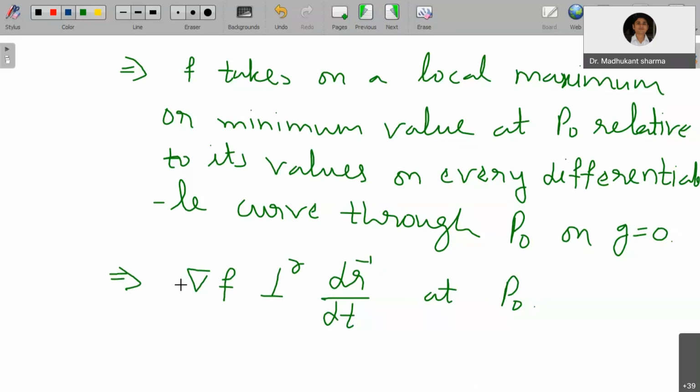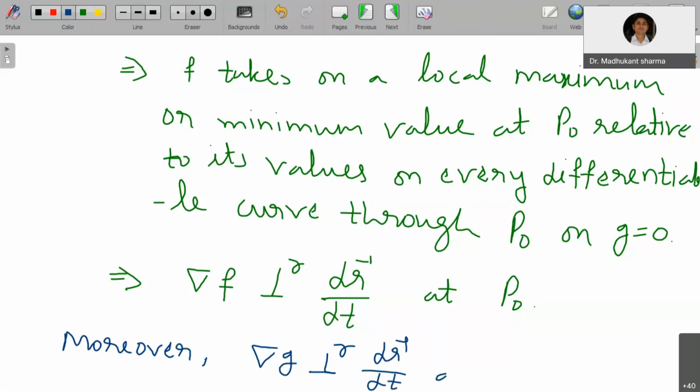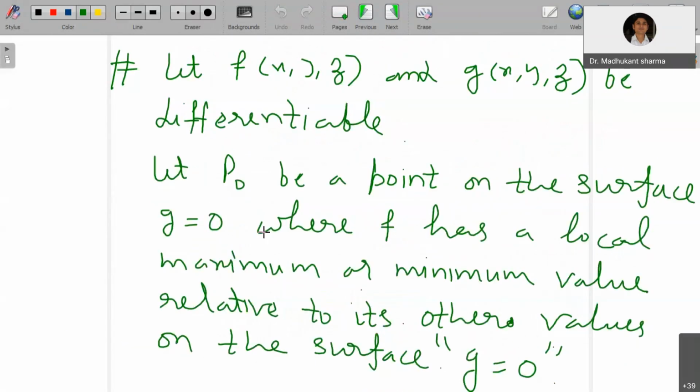Moreover, I am saying here that the normal to the surface G is also orthogonal to this tangent vector at P. Why is it so? Because on the surface G, let P naught be a point.